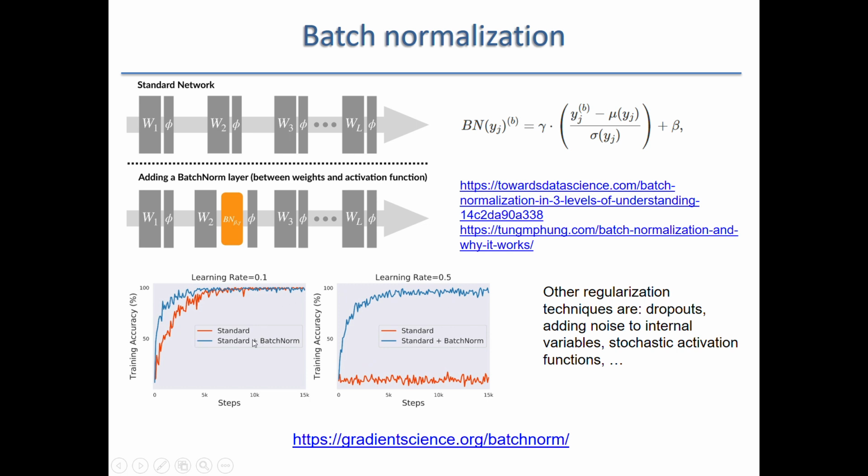You see, with batch normalization, with this learning rate, it is learning better, and also here with batch normalization you are getting better. Sorry, this is training, so this is not test. Okay. So in the standard case, it doesn't learn because it has this vanishing gradient, but with batch normalization you learn, and you even increase the set of learning rates for which you can converge.